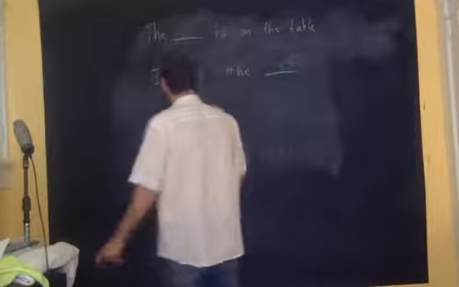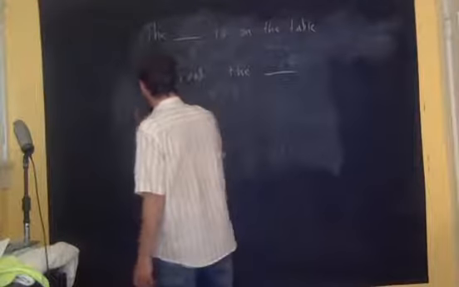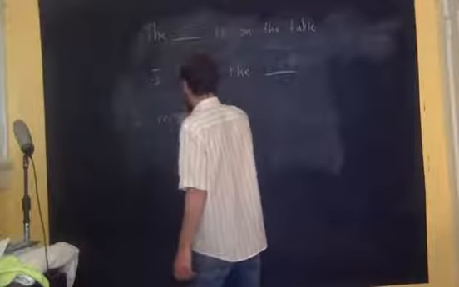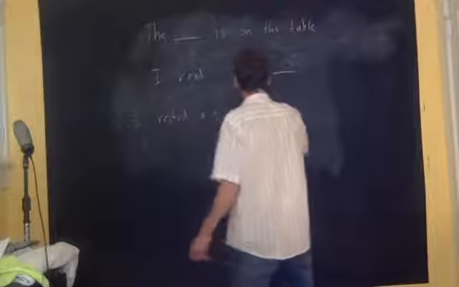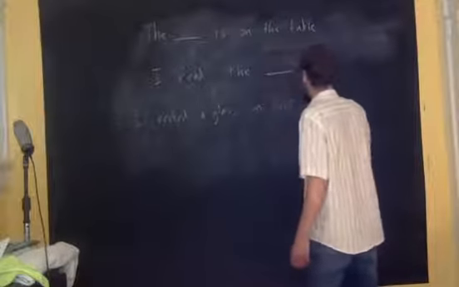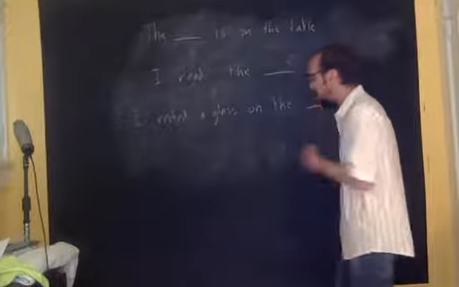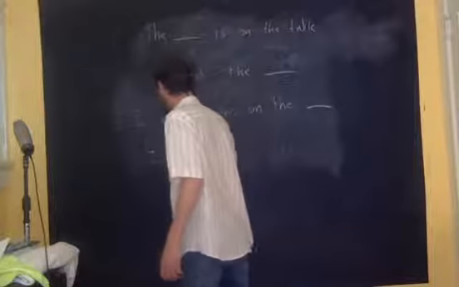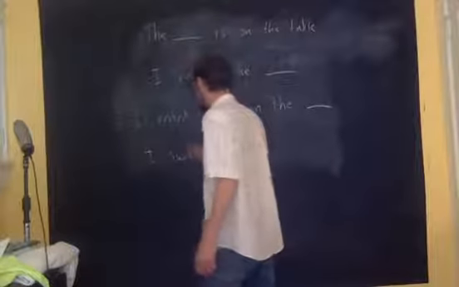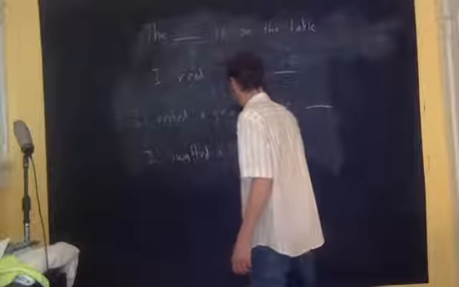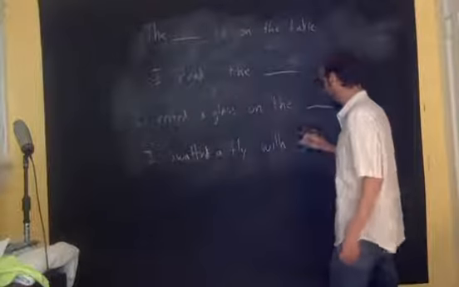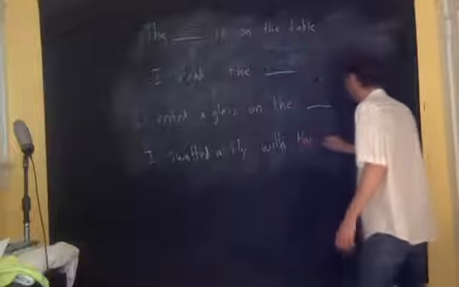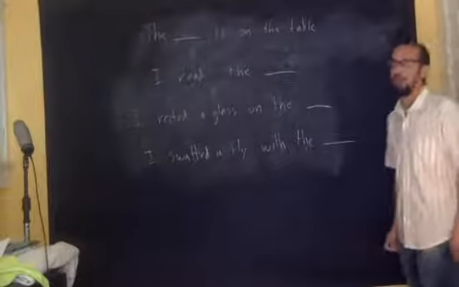And if I want to say I rested a glass of water on a certain noun, we're going to get something here, or that I swatted a fly with a certain noun, then we're going to put the word here.